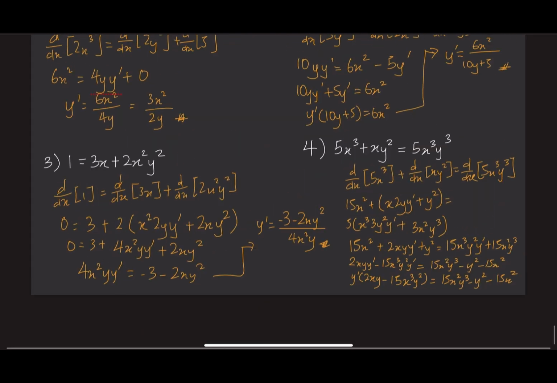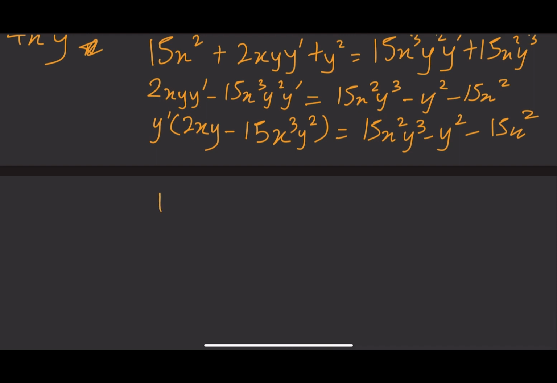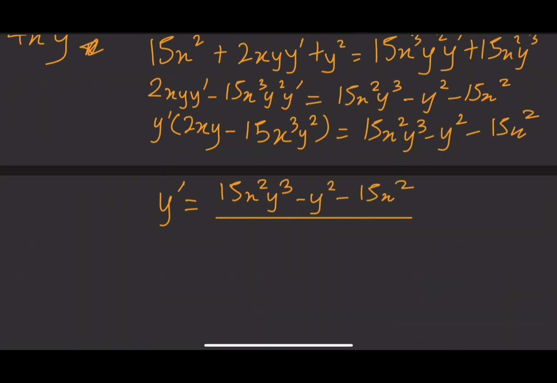And then I have to add another page. Get y prime equals 15x squared y cubed minus y squared minus 15x squared over 2xy minus 15x cubed y squared. Okay. And that is your final answer.